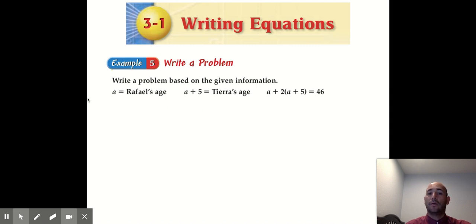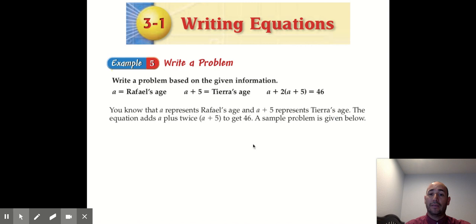One thing I know is that Raphael's age is A. There's an A right there. And Tierra's age is A plus 5. There's A plus 5 right there, but it's being multiplied by 2. So if I took Raphael's age plus twice Tierra's age, that's going to equal 46. An example of a problem I could write is: A represents Raphael's age, and A plus 5 represents Tierra's age.